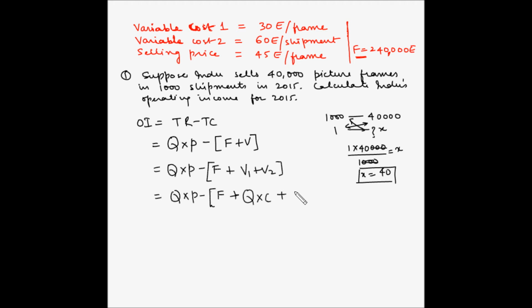So this will be the number of shipments, let's say it is N, multiplied by the cost per shipment. So let's say this is small s.